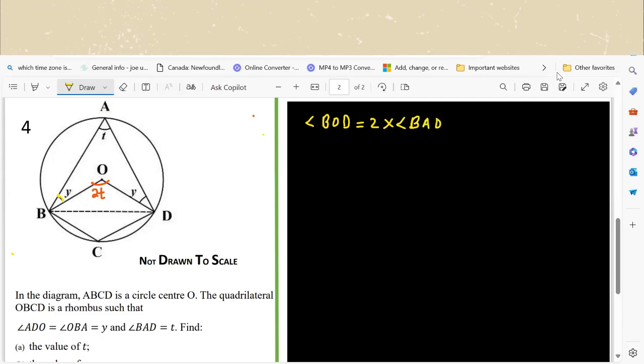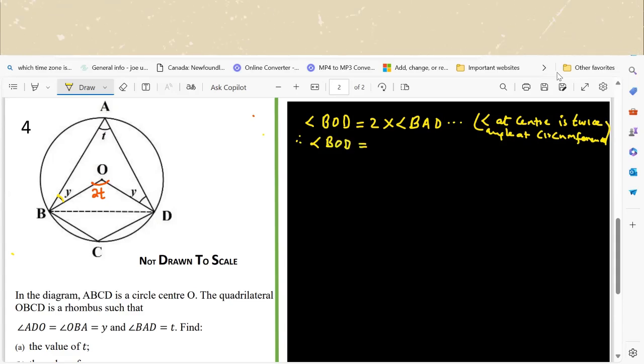All right, so we give our reason: angle at center is twice angle at circumference. So therefore, angle BOD equals 2T.